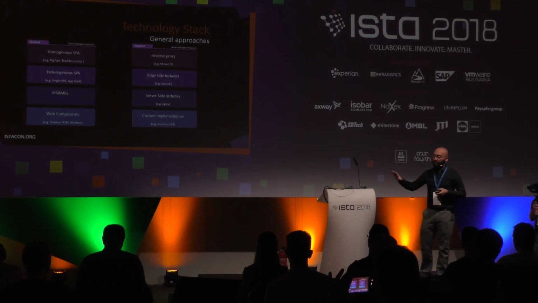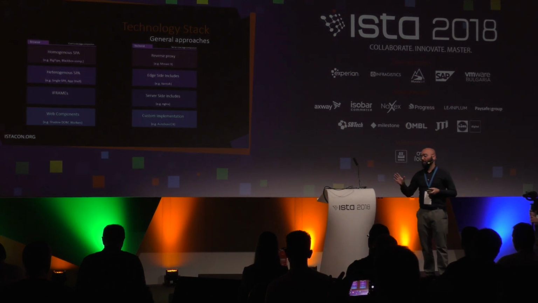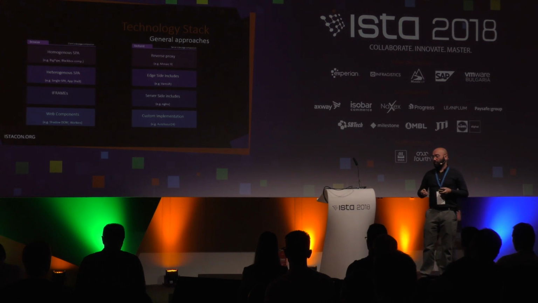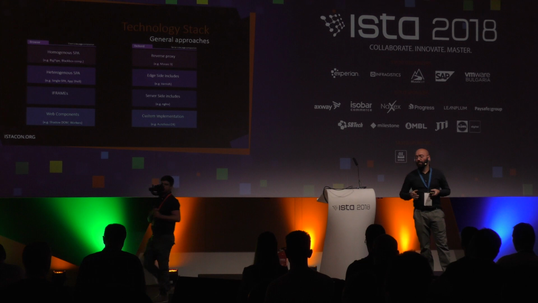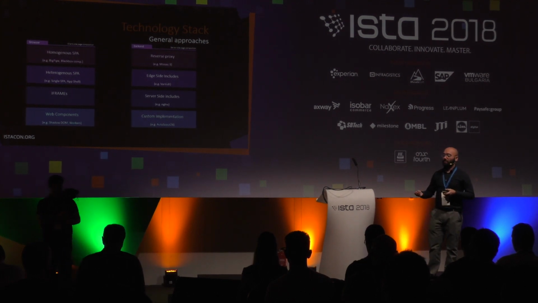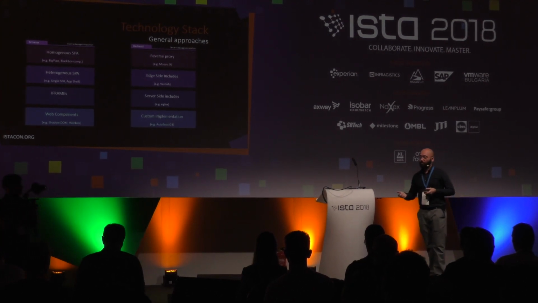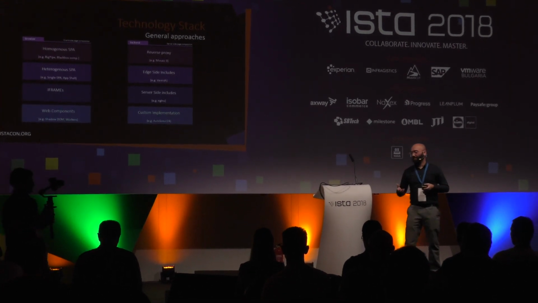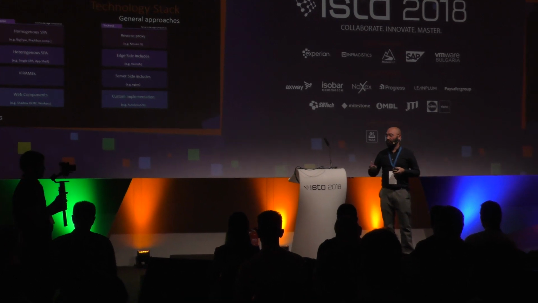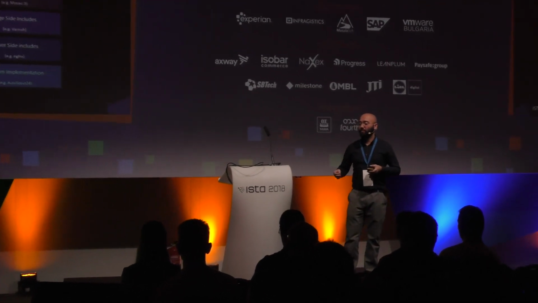On the backend side, there's a variety of things, and I only mentioned some of them. Edge-side includes and server-side includes are mostly the same thing. One technology is newer than the other, and one is applied on a very popular reverse proxy like Nginx, and the other is applied on a bit newer and not that proven, I guess, application such as Varnish.